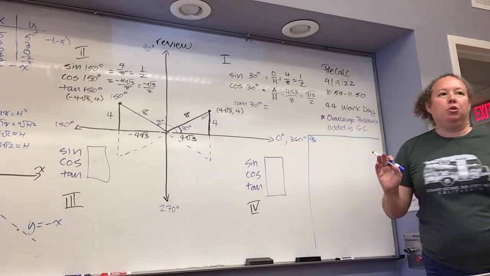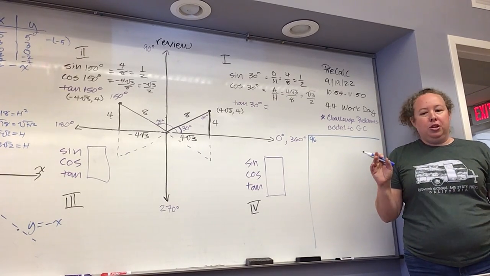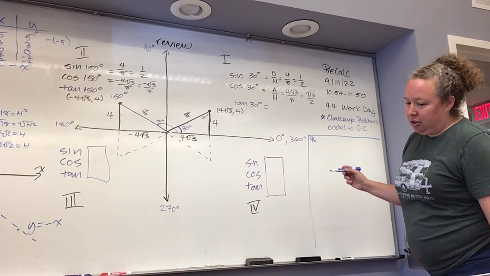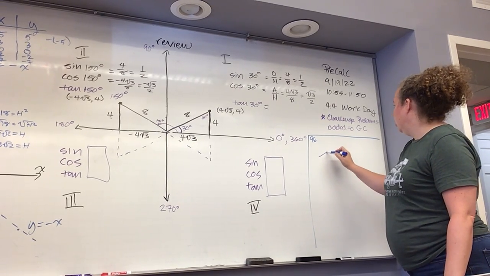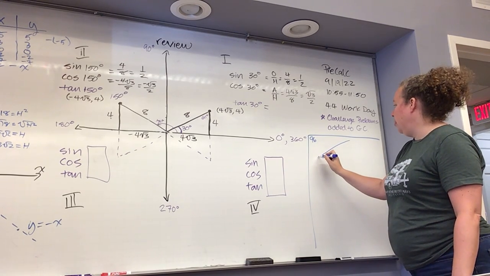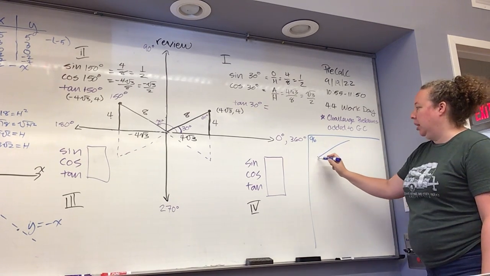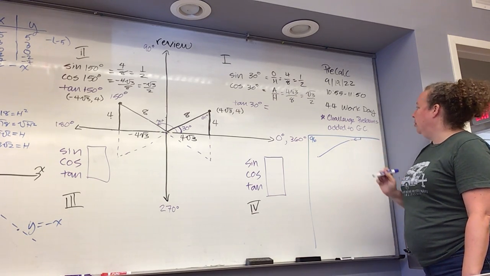When doing these word problems, what's my first suggestion? Draw the triangle. In this case, we've got the man, which really is just going to be a tiny little point down here. And we've got the plane.